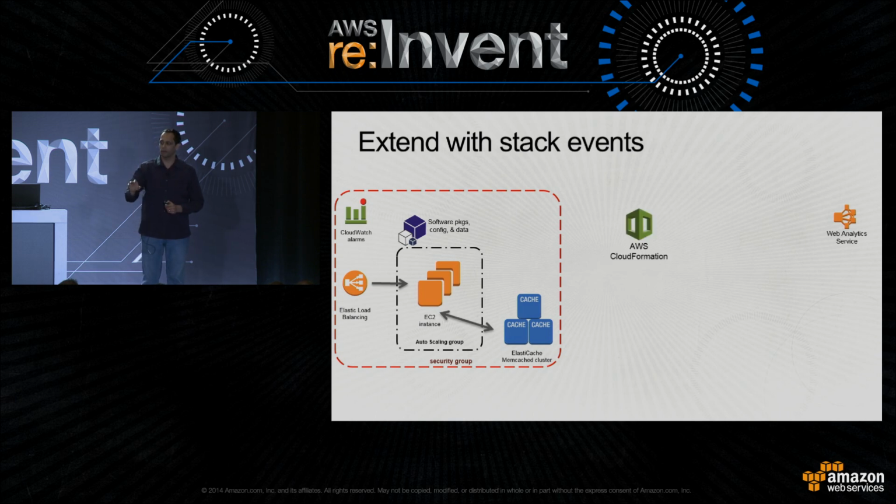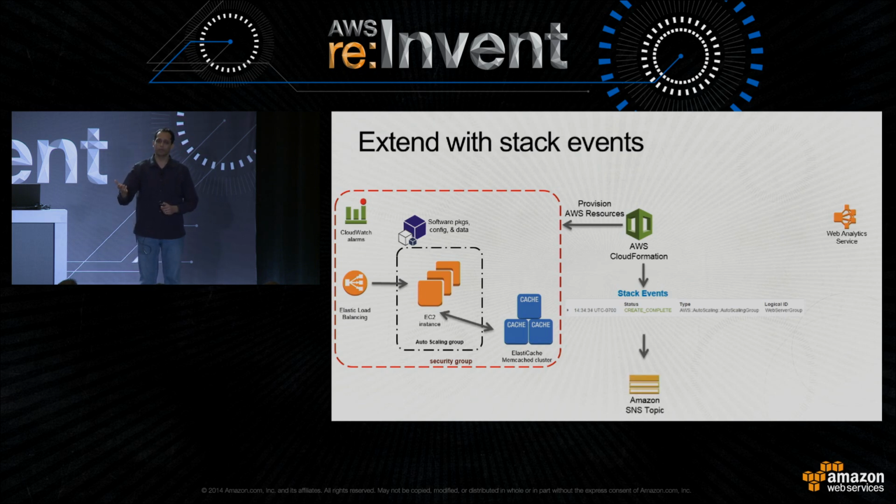I can have CloudFormation provision the web application, which is going to produce a bunch of stack events. CloudFormation delivers them to an SNS topic, and you can write a little worker application that picks up those events.